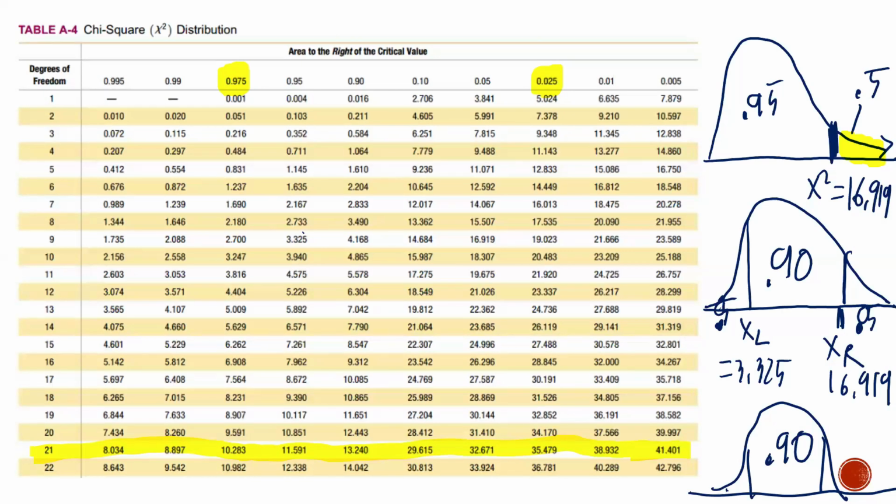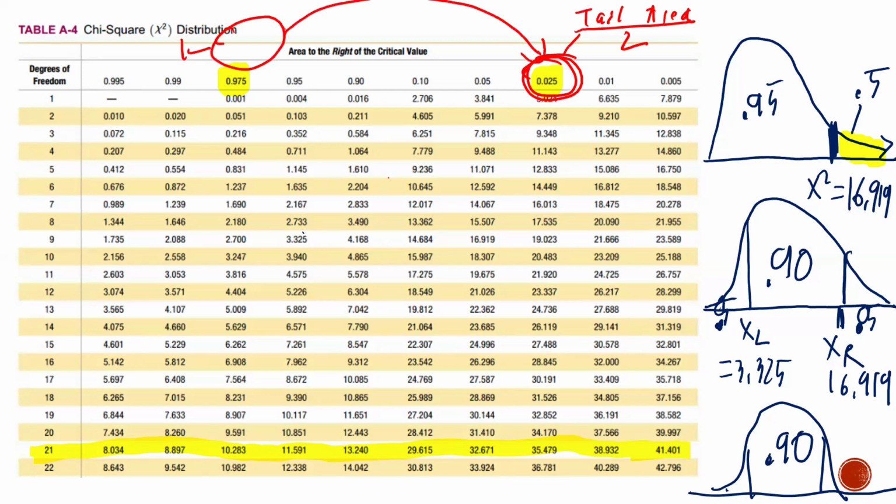This is the way that I think about it, right? So your first number is your total area divided by 2, right? Your tail area, divided by 2. This is 1 minus that value.